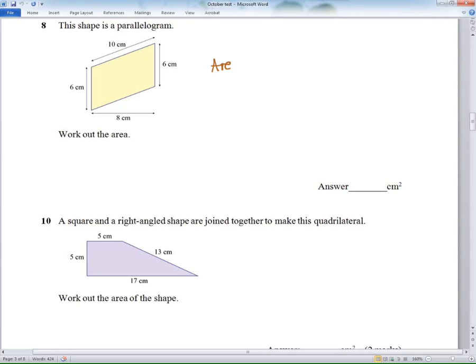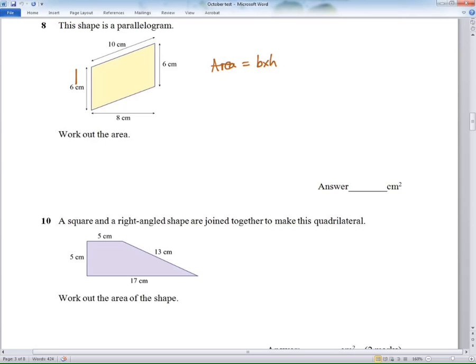Moving on. This was upsetting in most cases, and I was fairly disappointed with how we answered this question. Firstly, no one that I saw wrote the following: the area of a parallelogram is equal to the base times the height. If you'd written this, you might have understood more easily which lengths to use.